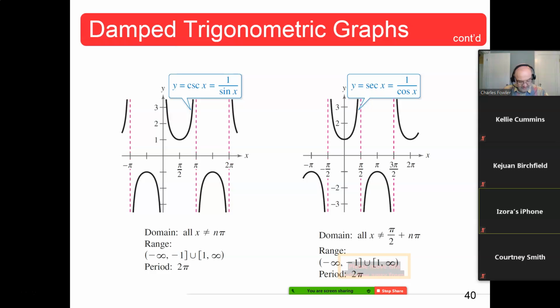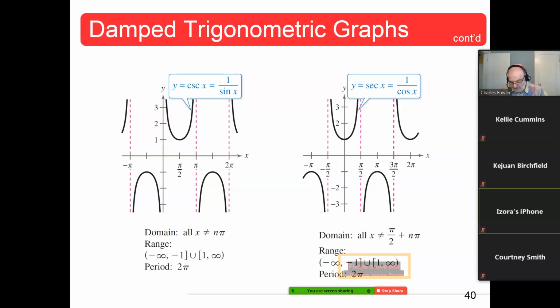Any of the odds 39 to 47, they're all at CalcChat. They say you may need a graphing utility for some of those. Any of the odds 49 to 55, they're all at CalcChat. 51's at CalcView. 57 to 63, all at CalcChat. 57's at CalcView. Again, I would try to do all of 65 to 68. The answers to the odds are at the back of your book and at CalcChat.